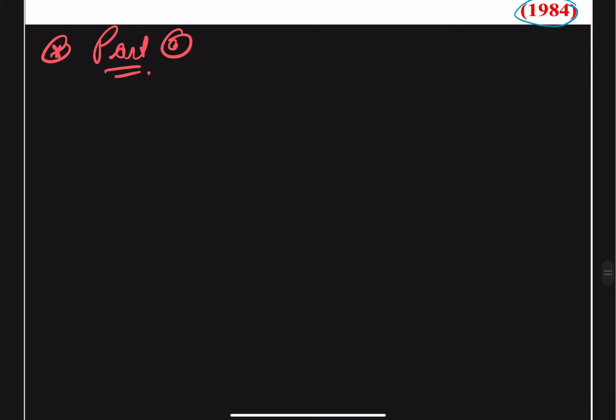So we have a magnetic field at this border. It is given that we have a point F, and here we have a point E, and we are supposed to find this.